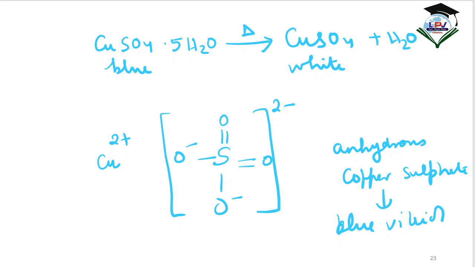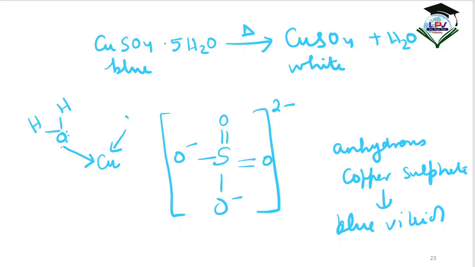Now the water, H2O, this oxygen has lone pairs of electrons, and one lone pair it donates to the copper. Now you will see that there are four water molecules. Now let's see what the 4 water molecules are.